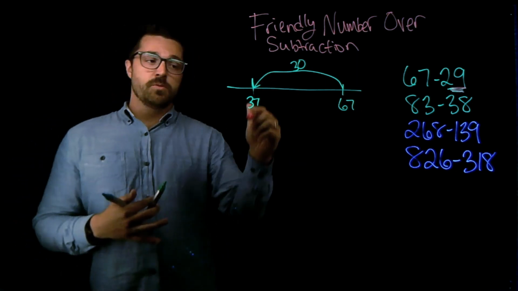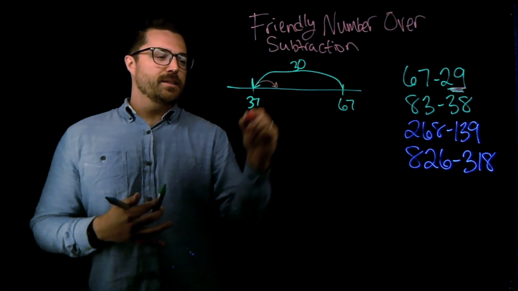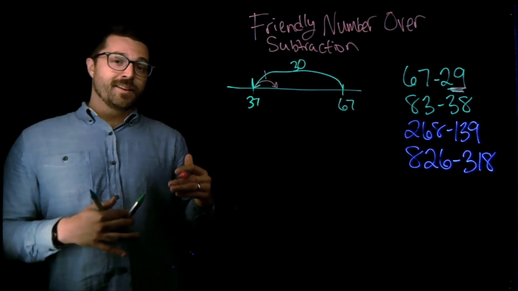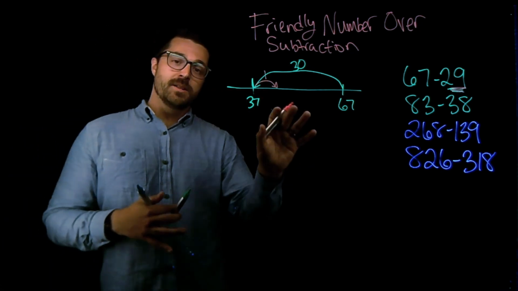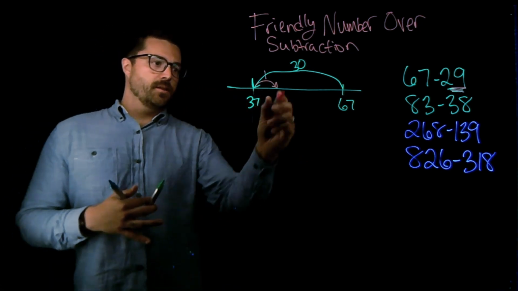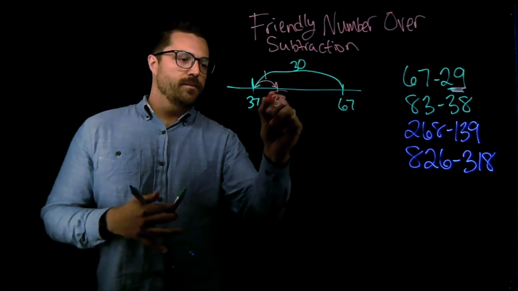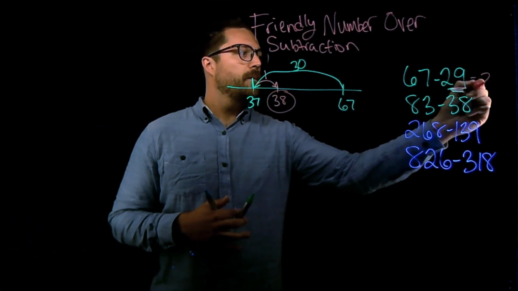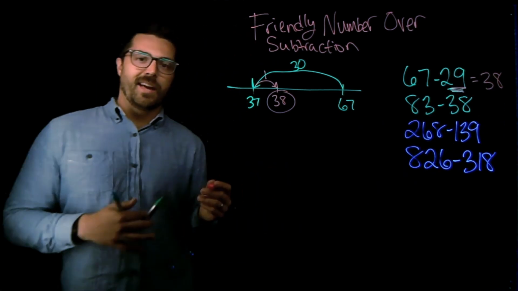Well, I took away too much, so I need to take away a little less. I'm going to move back 1, because I took away 1 too much, and that 1 to the right, or adding 1 to 37, gives me 38. So 67 minus 29 is 38.